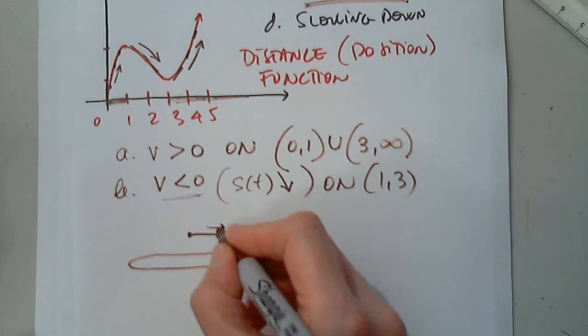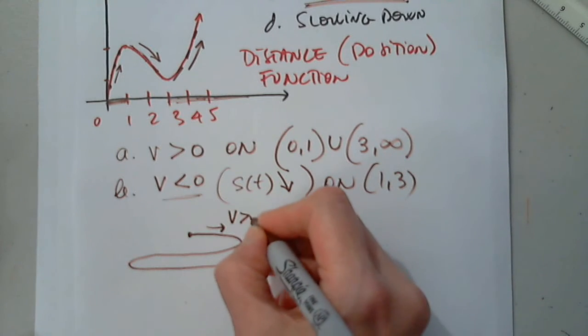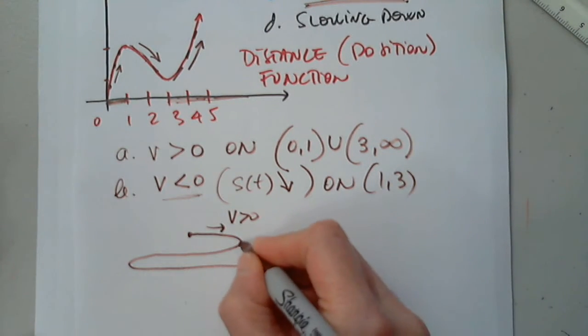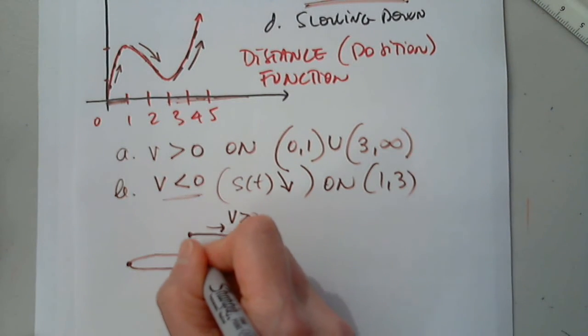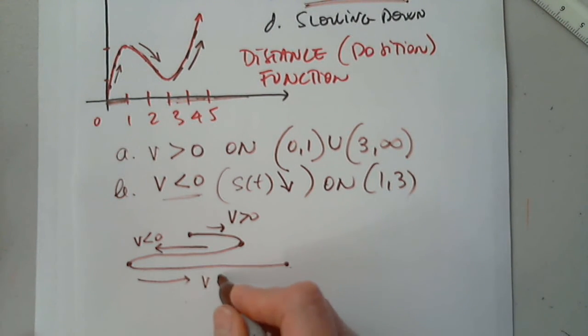Between this point and this point, the velocity is positive. It goes in the positive direction. Between this point and this point, the velocity is negative. The particle goes in the negative direction. And again, between this point and this point, the velocity is positive.